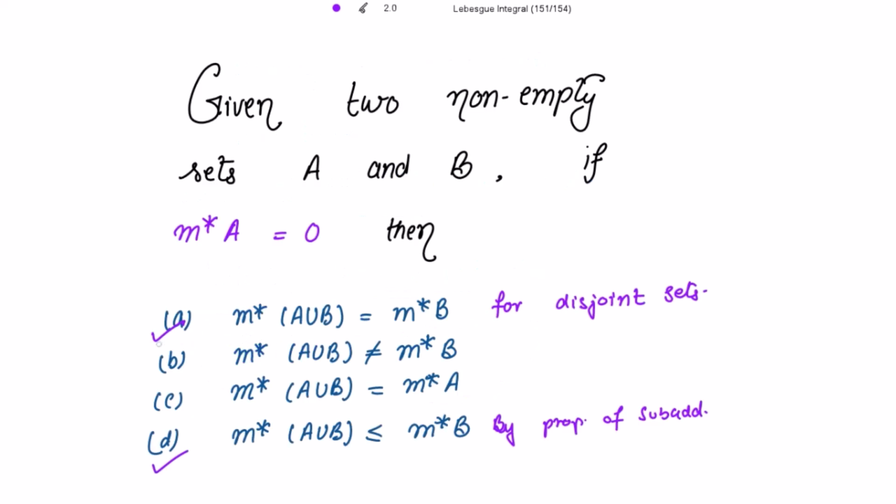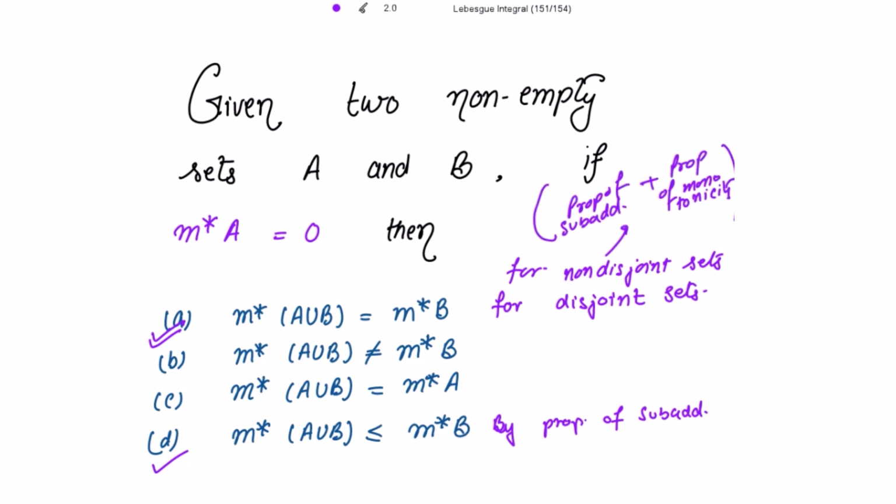So option A is still correct for the non-disjoint sets also, by using the property of subadditivity plus the property of monotonicity. And simply for the disjoint sets, by using the result, option A is correct.